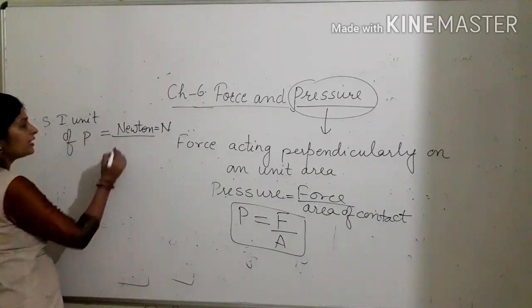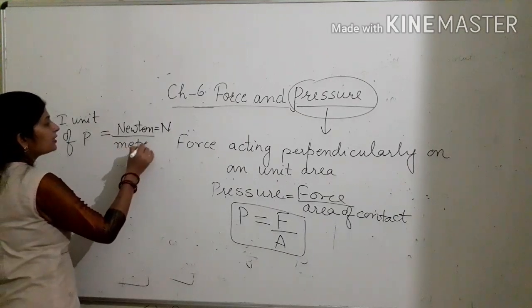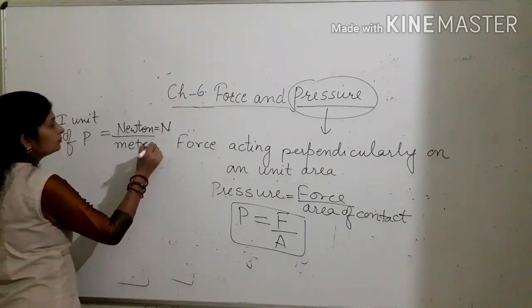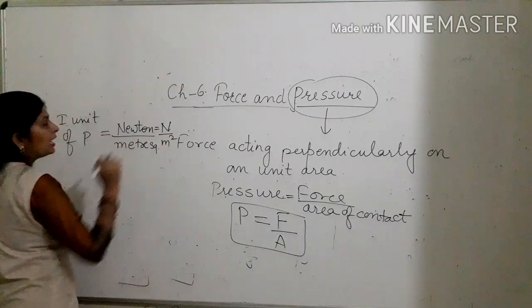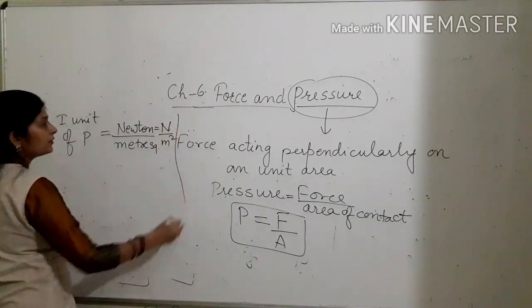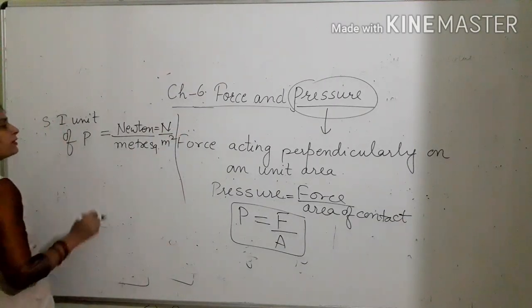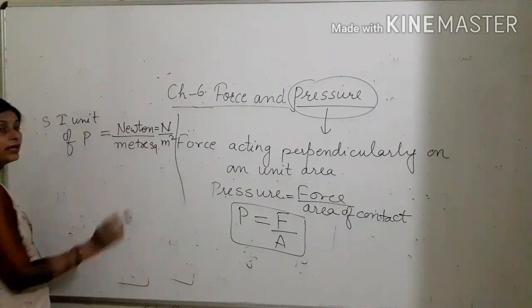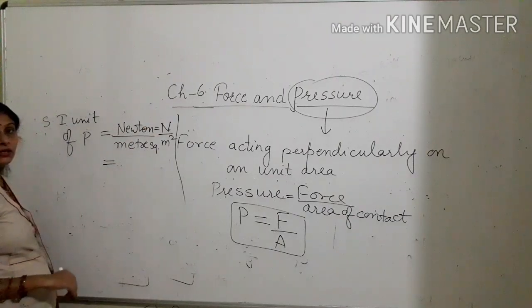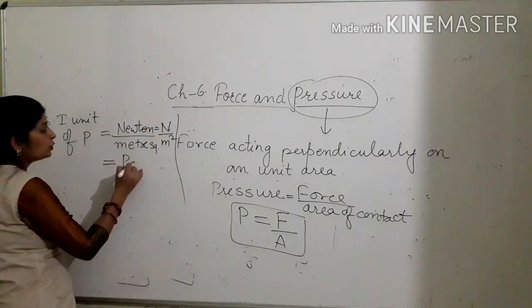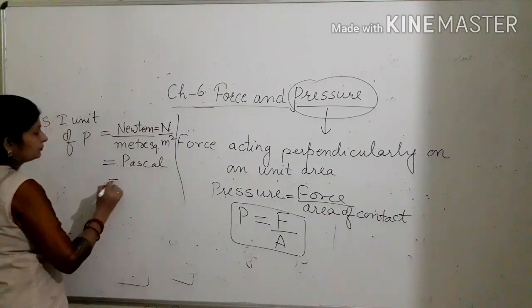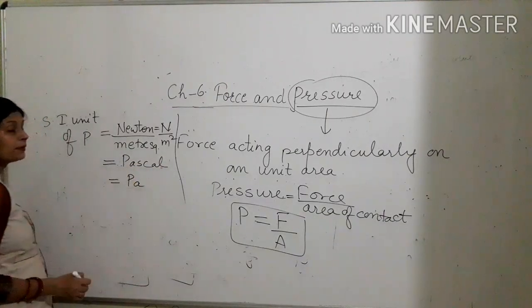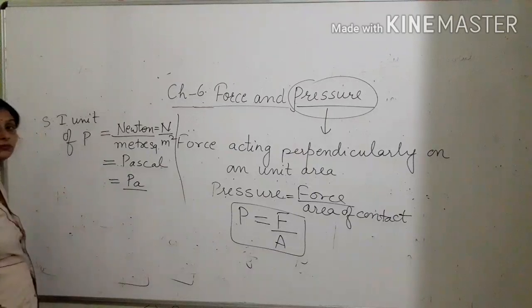The SI unit of area is meter square, denoted with m square. So the SI unit of pressure is Newton per meter square, which is also equal to Pascal, denoted with capital P small a, Pa.